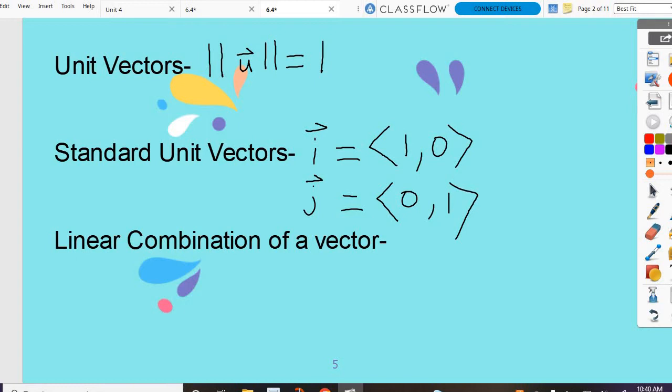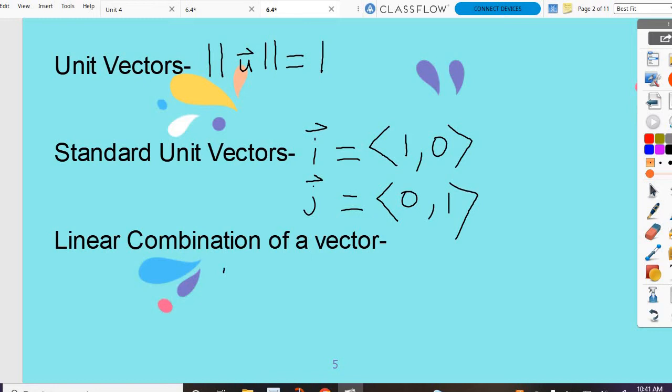So we do get 1, which is why they're both unit vectors. And we can use these to kind of put our vectors in a different form. So remember last week we looked at component form, which is what both of our i and j are in. But we can also rewrite vectors as linear combinations, which is just kind of another format to put them in.